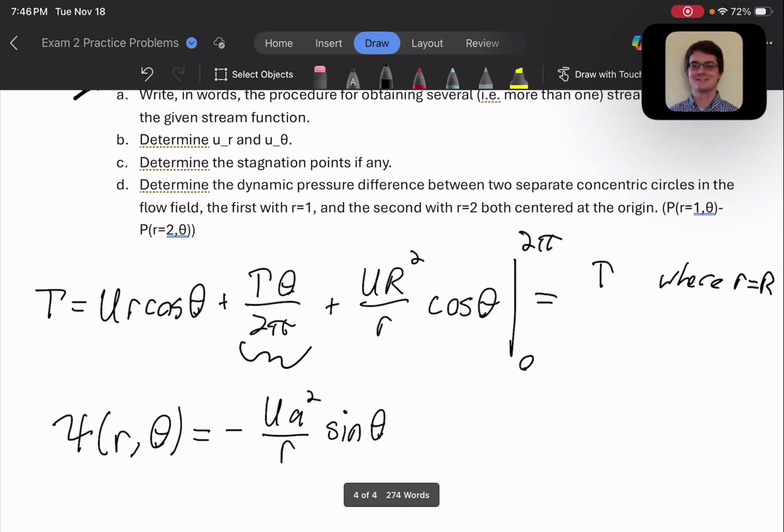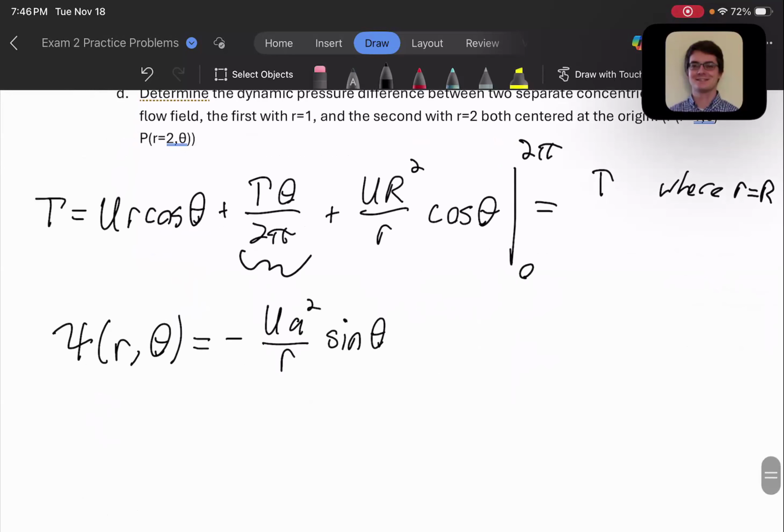Okay, so if we wanted to find the streamlines, what would we do? Yeah, we'd say we want psi equals 1, for that's going to be a streamline.